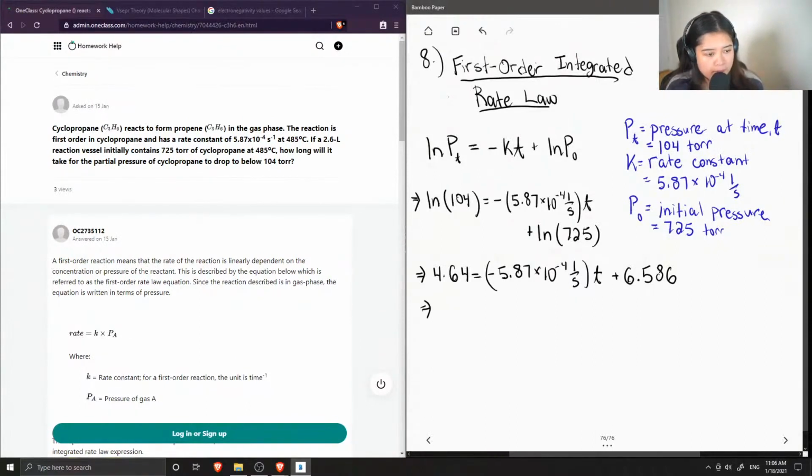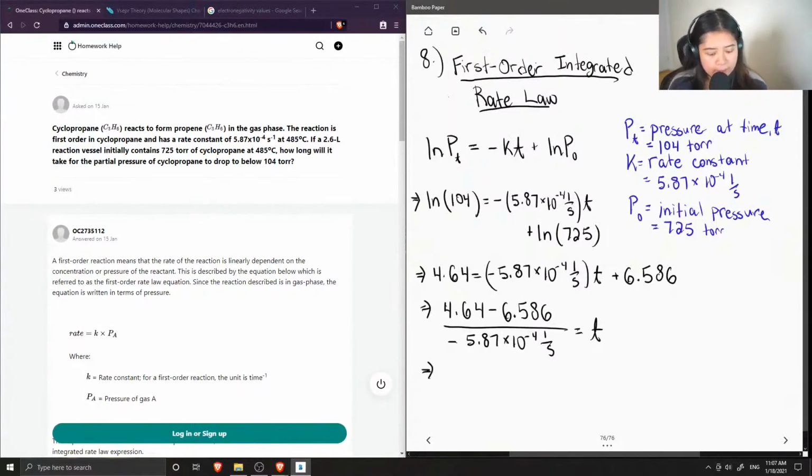Okay, so now let's solve for t. 4.64 minus 6.586 divided by negative 5.87 times 10 to the negative 4 inverse seconds is equal to t.